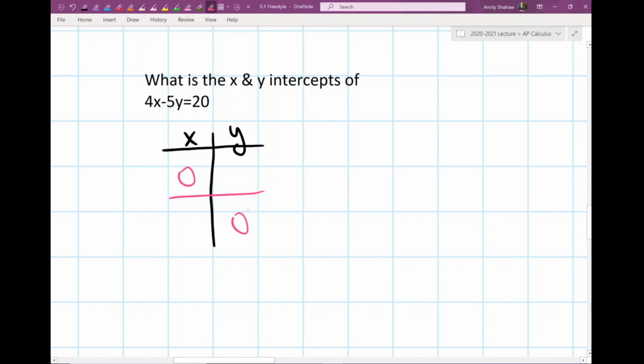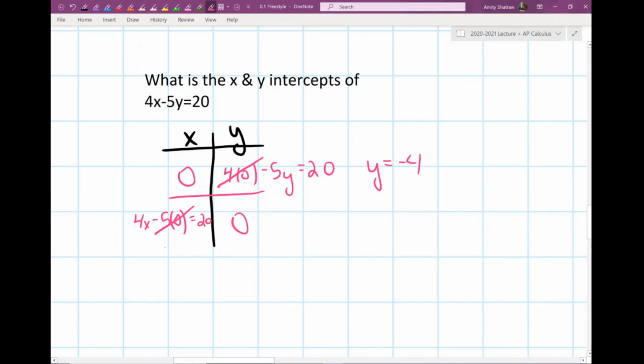So if I say that x is 0, I have 4 times 0 minus 5 times y equals 20. Well, that's 0. Negative 5 times some number is 20. Isn't that number negative 4? How about over here? I say I have 4x minus 5 multiplied by y, which in this case is 0, and that equals 20.